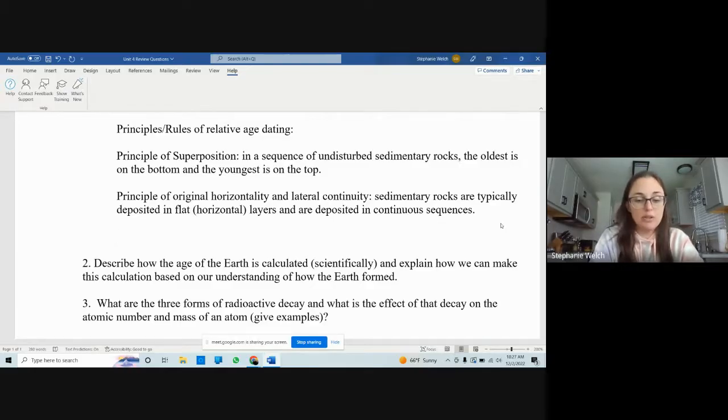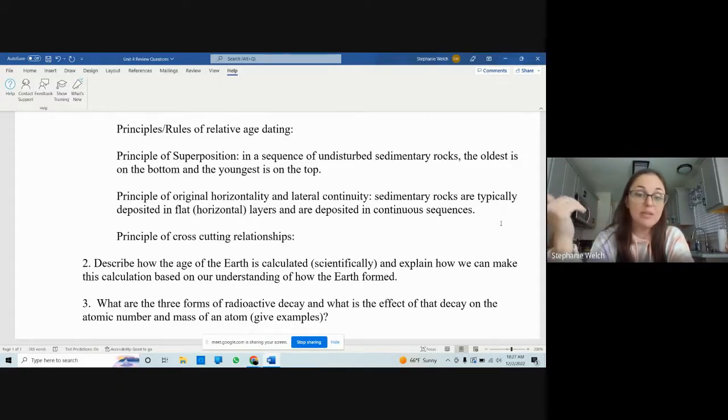Now we get to the juicy stuff. What happens when you disturb a sequence of rocks? So the principle of superposition relies on undisturbed sedimentary rocks. This gets into the principle of cross-cutting relationships, i.e. anything that cuts through a sequence of rock has to be younger than the rock that it's cut through.